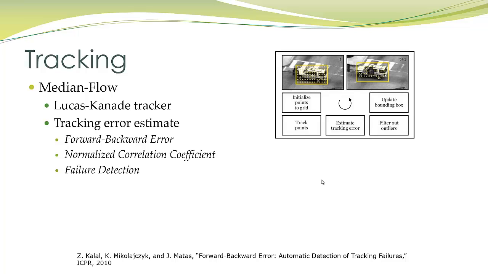Basically, it's an algorithm based on Lucas-Kanade optical flow, but it adds a certain level of error estimation techniques. These techniques include forward-backward error estimation, the normalized correlation coefficient, and failure detection. The author uses all three error detection techniques to improve the tracking results.